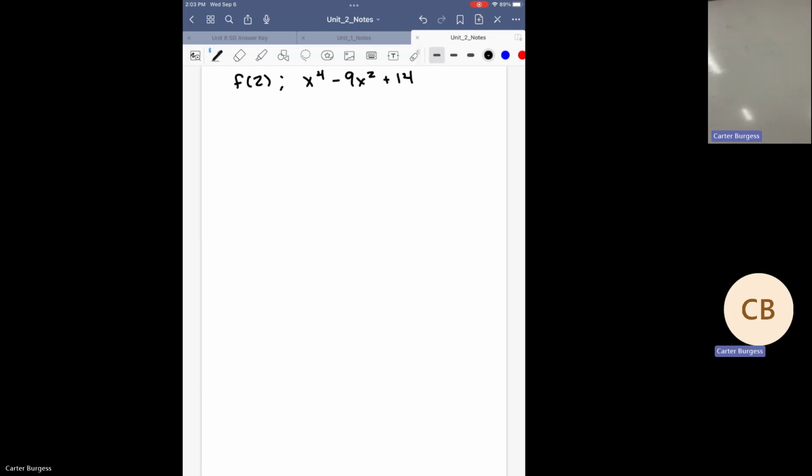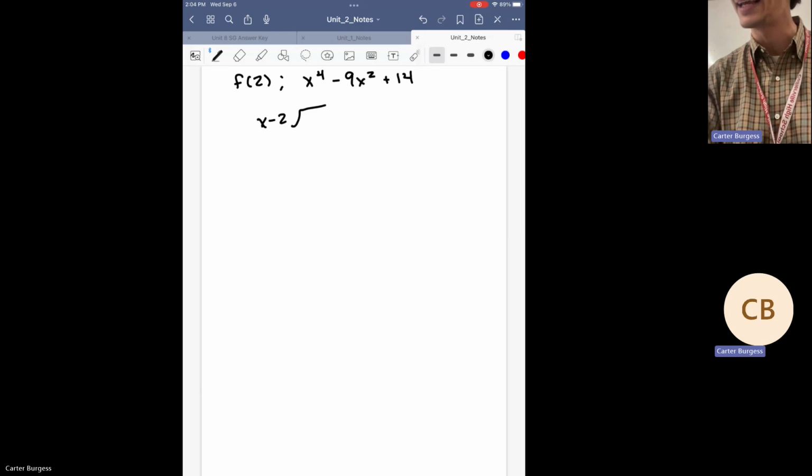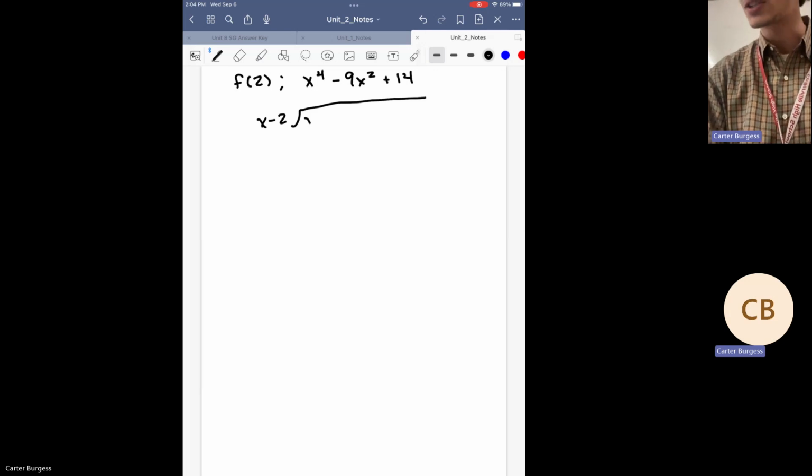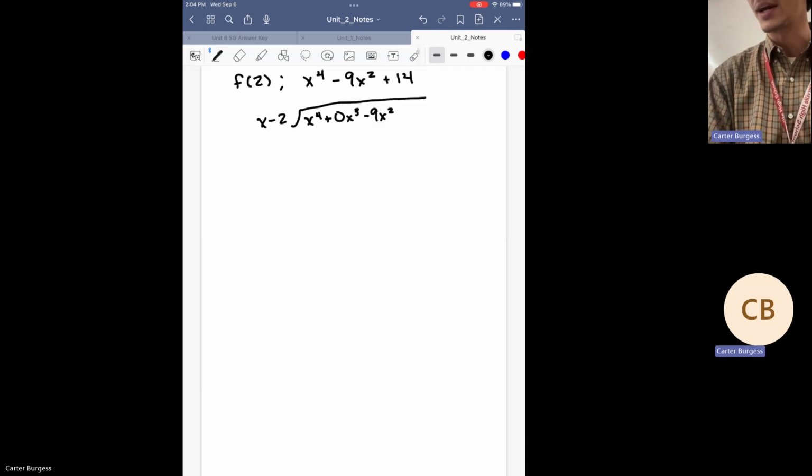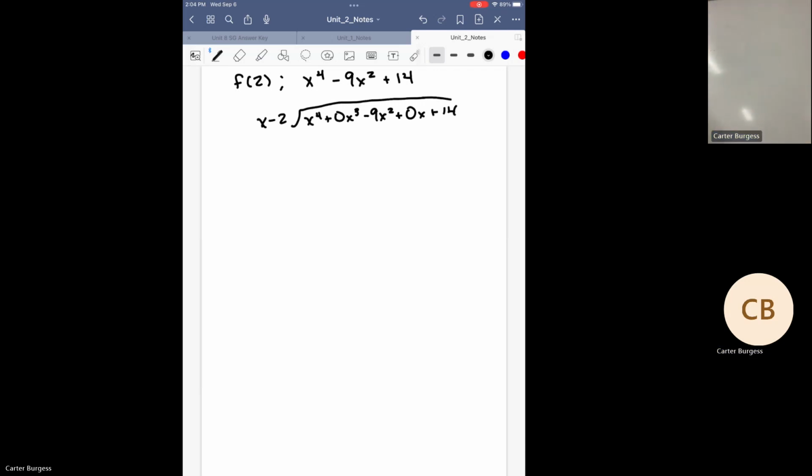If we are looking for what is our function evaluated at 2, what should we divide our polynomial by in order to use this remainder theorem? X minus 2, exactly. So we're going to take x minus 2 and divide it into x to the 4th. Remember your little placeholders. So plus 0x cubed minus 9x squared plus 0x plus 14. This one has a couple of placeholders.